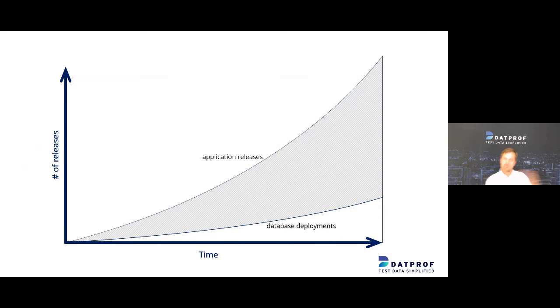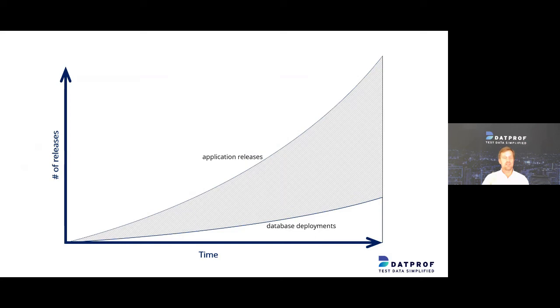But we also need to shift left, because what we try to achieve with shifting left, of course, is making sure that as many faults, software faults, bugs, all that kind of stuff, are discovered as early as we possibly can. So we should identify these bugs as early as possible.